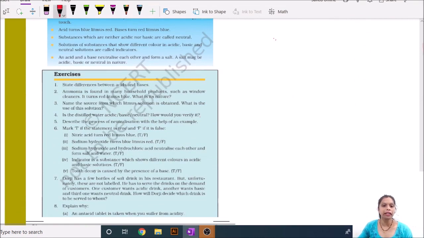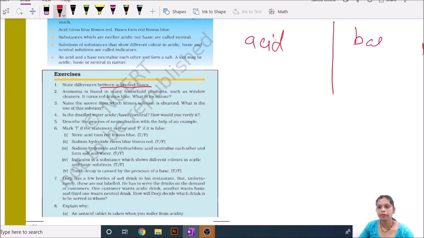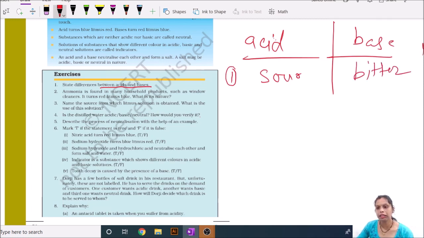Okay, state the difference between acid and base. Then what is the difference between acid and base? We have already studied the difference between acid and base. Acid is sour in taste, whereas base is bitter in taste.